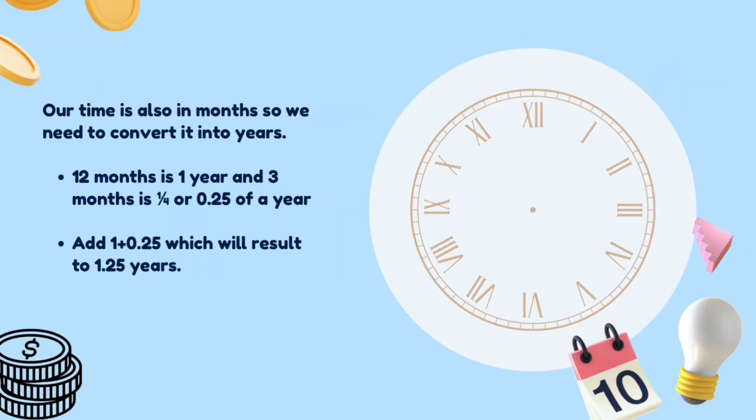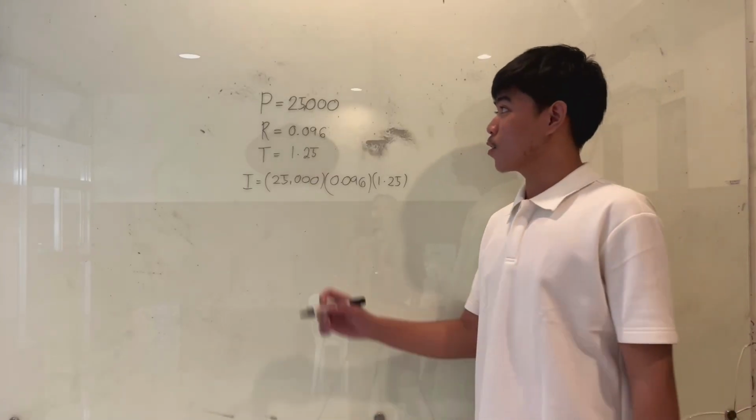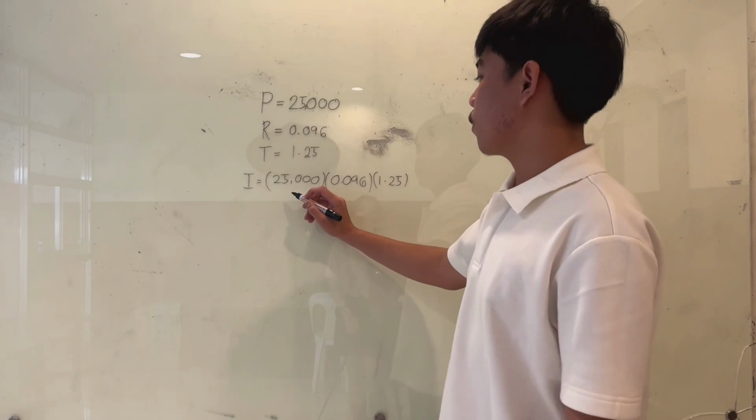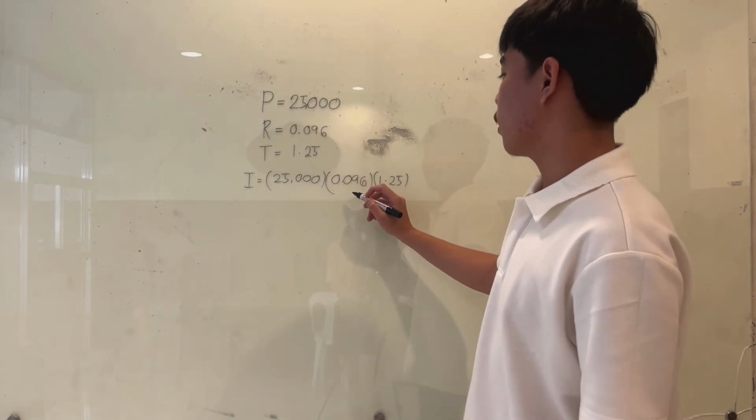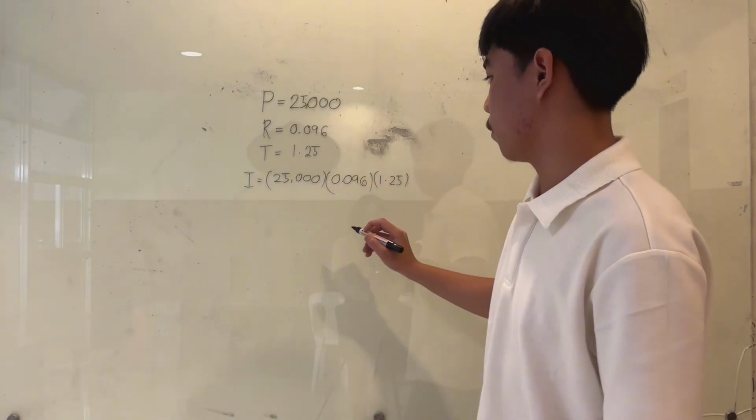Moving on, our time is also in months, so we need to convert it into years. We know that 12 months is 1 year and 3 months is 1/4 or 0.25 of a year. Therefore, we add 1 plus 0.25, which will result in 1.25 years. Now let's substitute. I equals 25,000 times 0.096 times 1.25.